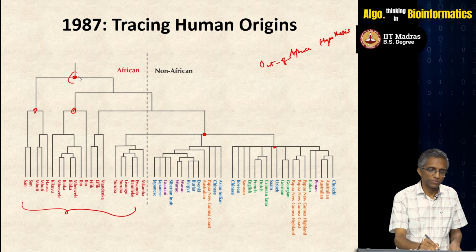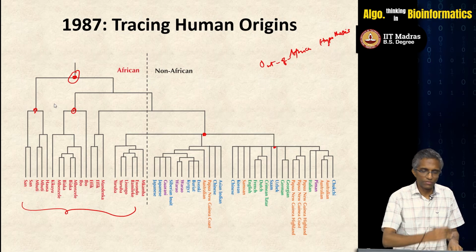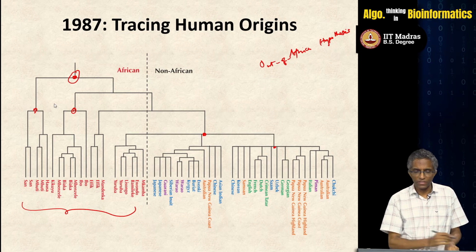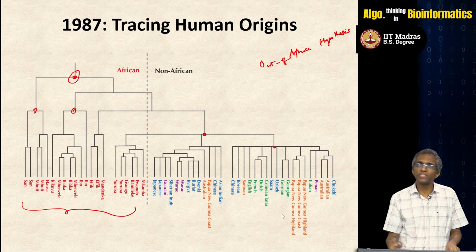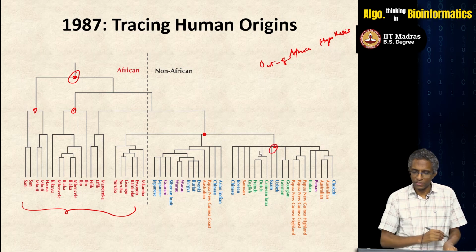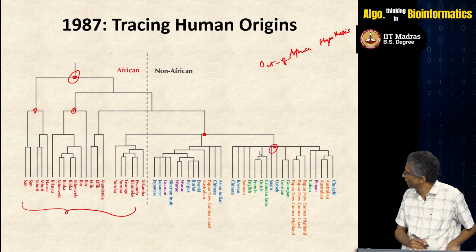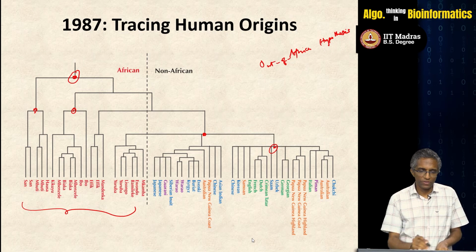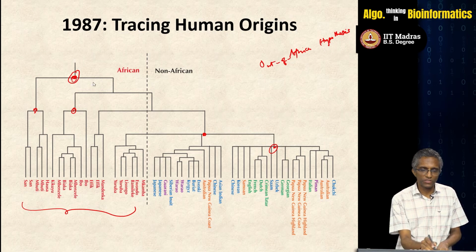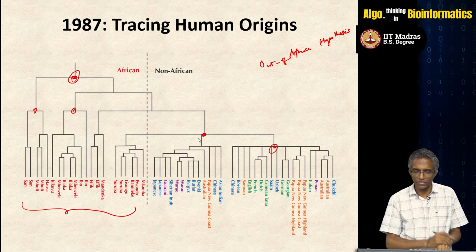From the point of their common ancestors, they have had longer evolutionary times to diverge, and all of these other populations are more recent, so they have only had a small amount of time to diverge. This common ancestor here is at a much older age than these other common ancestors.